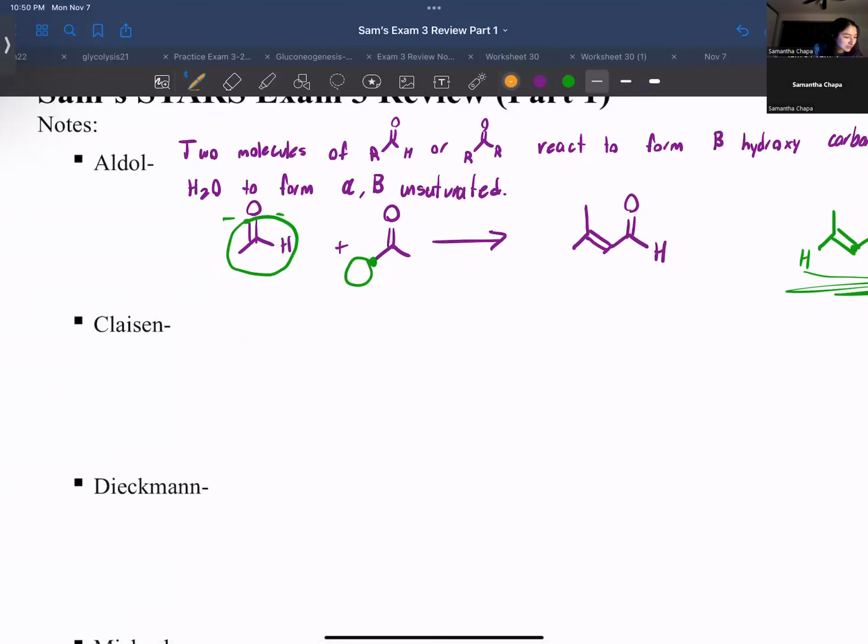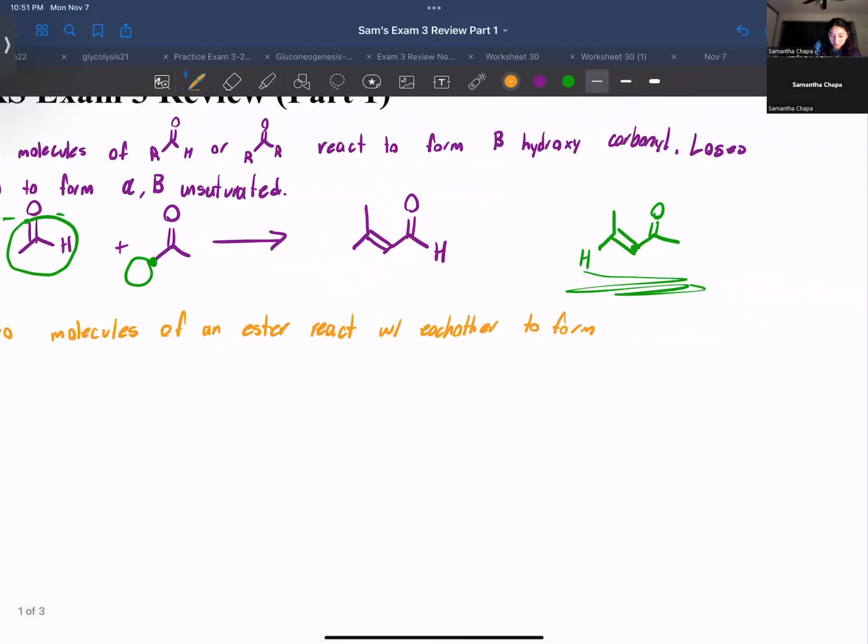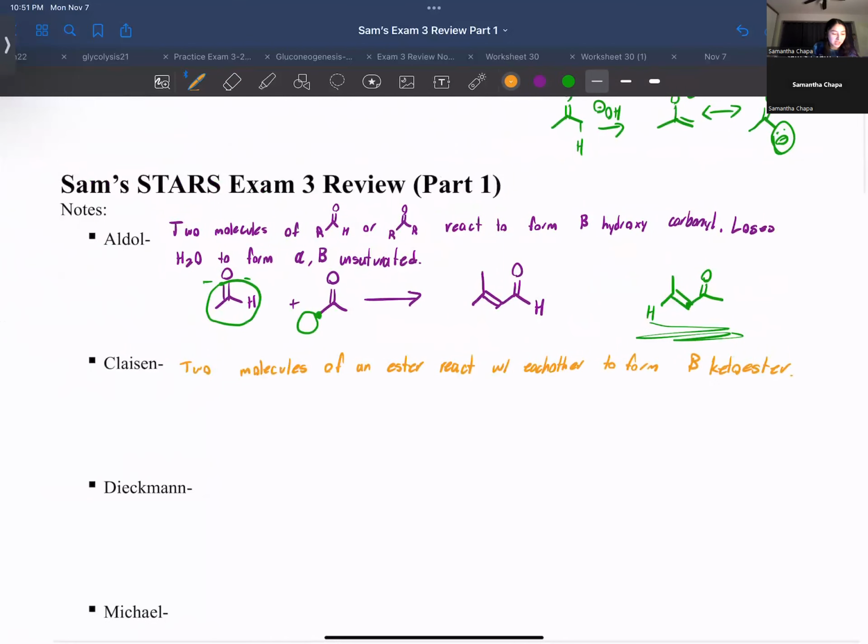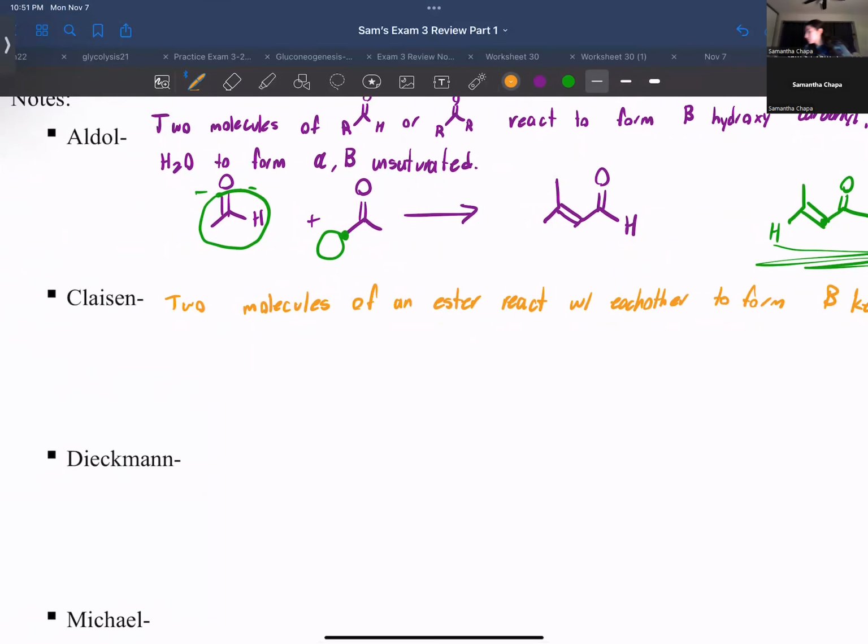Okay, so for Claisen, two molecules of an ester react with each other to form a beta keto ester.